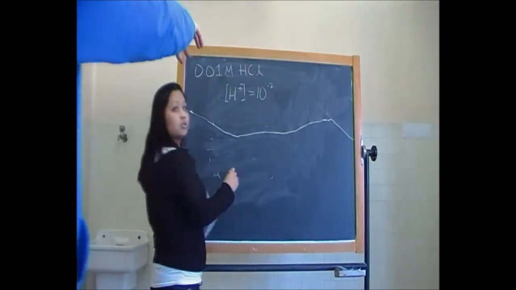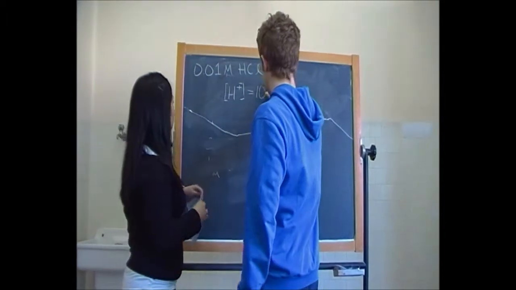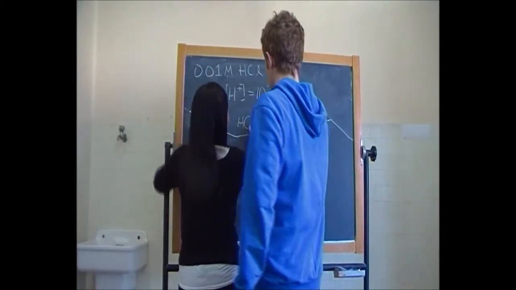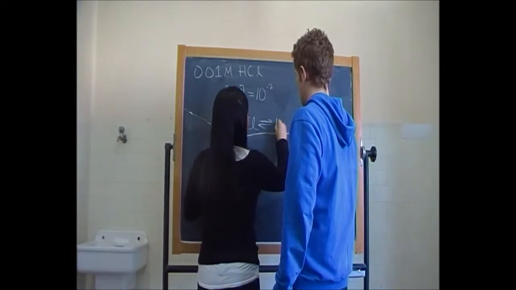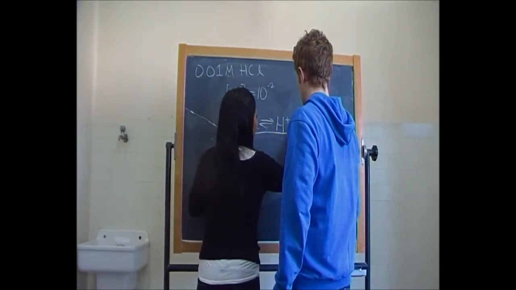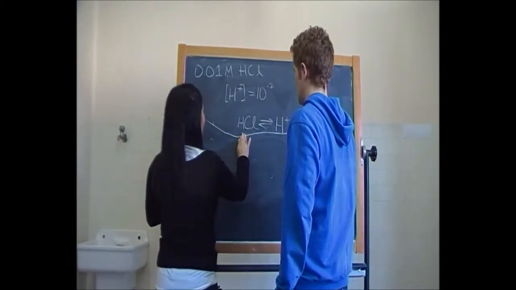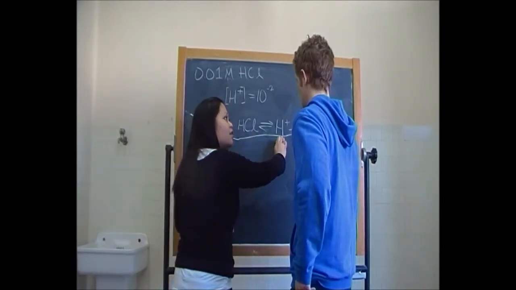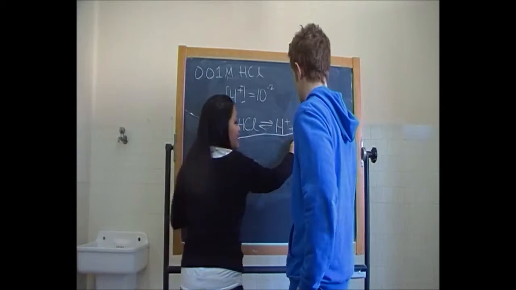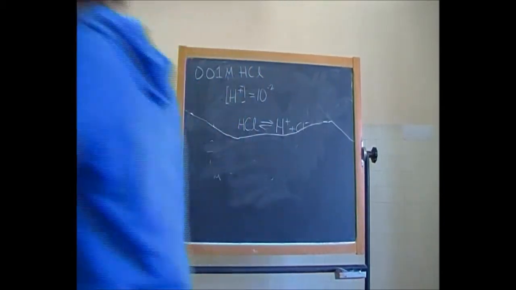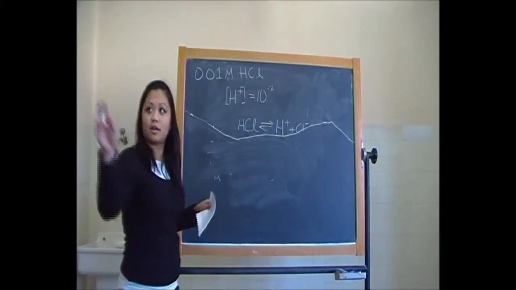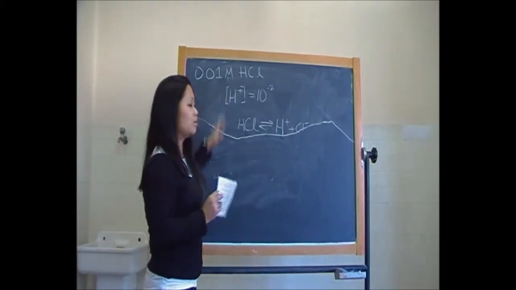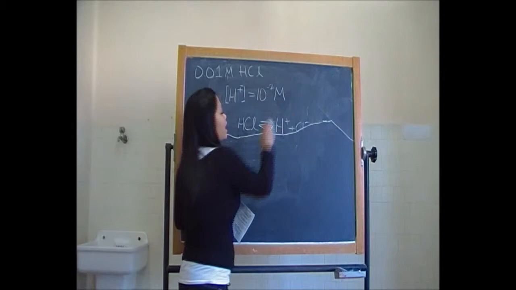But why is it 10 to the minus 2? Because hydrogen chloride will dissociate completely in water and create H plus and Cl minus. Because we have 0.01 moles of this, after the reaction we still have 0.01 moles of each. So we have 10 to the minus 2 molarity of hydrogen ions.